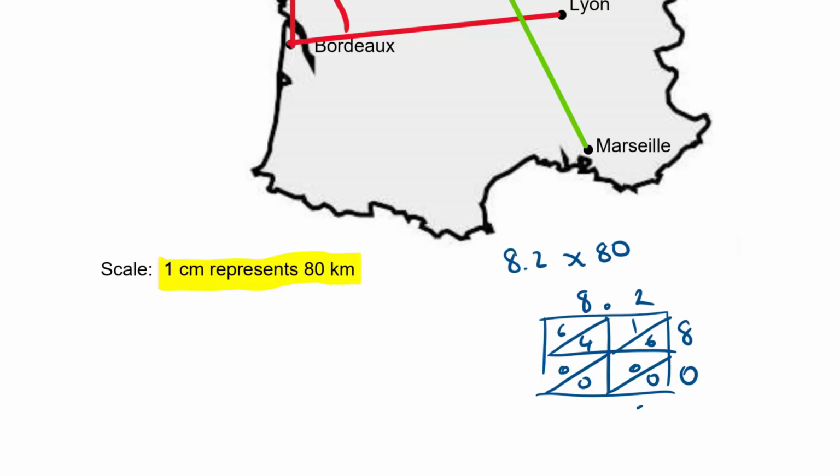What's that then? Adding up along the diagonals, that's 0, 6, 5, 6. So reading around my answer, around the edge here, I've got the digits 6560. Now remember I had one number behind the decimal point there, so I'm also going to have one down here that's behind the decimal point. So my answer is 656.0 or 656 kilometers.